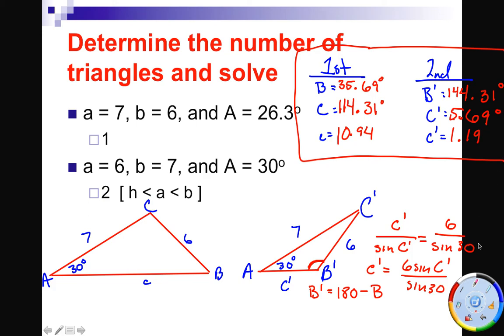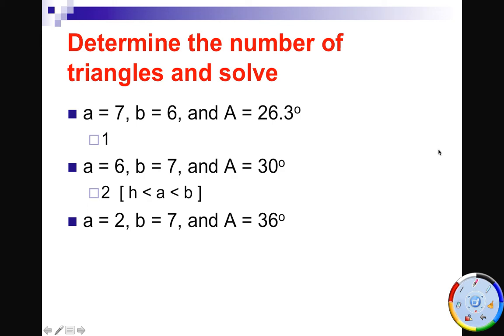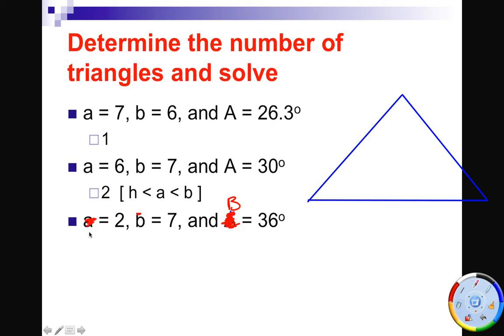So lastly, I have one more example here, and it's this one where a is 2, b is 7, and angle A is 36. So if I was to draw this triangle, let's say I called this B, and this now is little b, and let's call this little a.